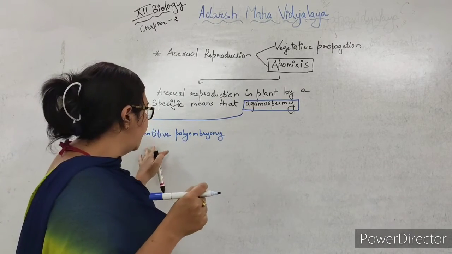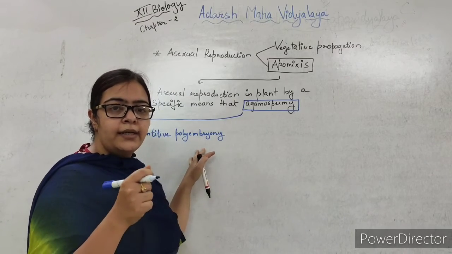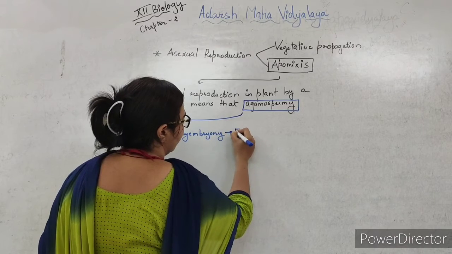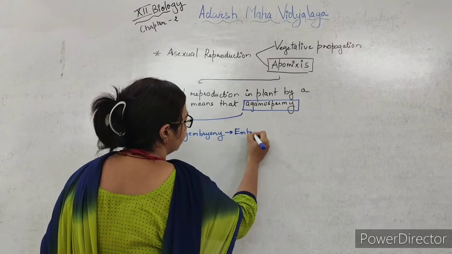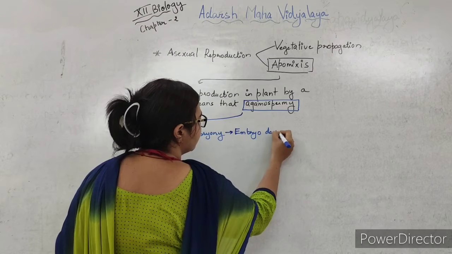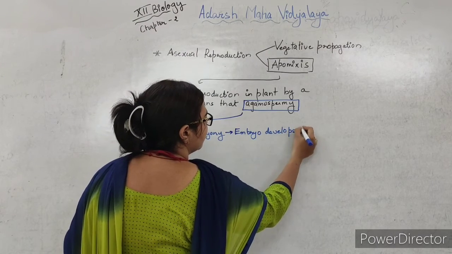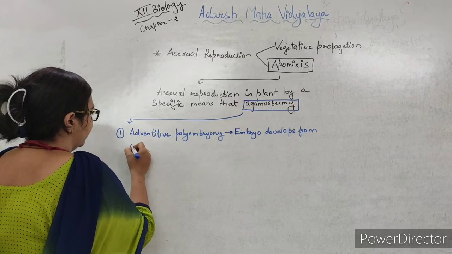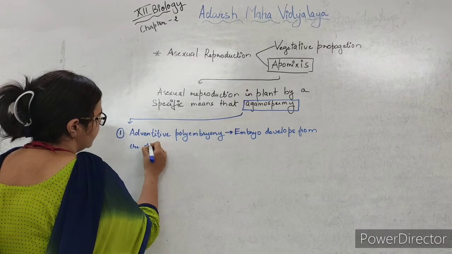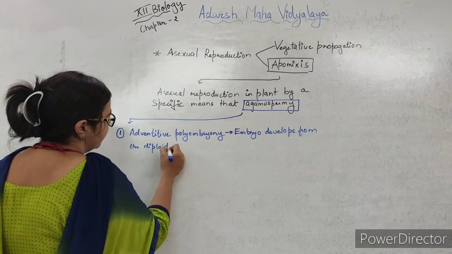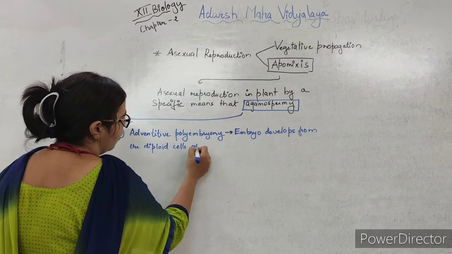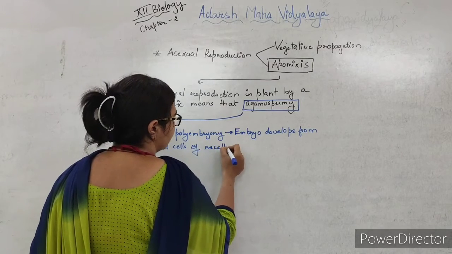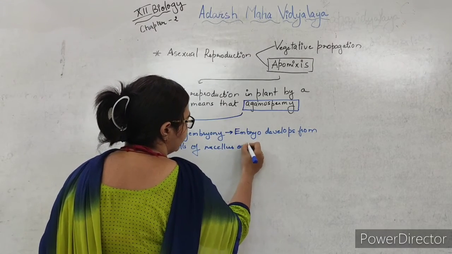So what happens in adventive polyembryony? The embryo develops from the diploid cells of nucellus or integuments.